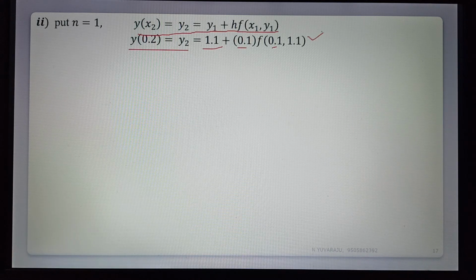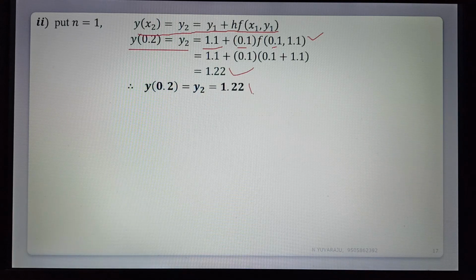The function is f of x comma y is equal to x plus y. Simplification: 1.1 plus 0.1 into 0.1 plus 1.1. So that is equal to 1.22. This is the second value. y of 0.2 is equal to y2 is equal to 1.22. This is the numerical value only.